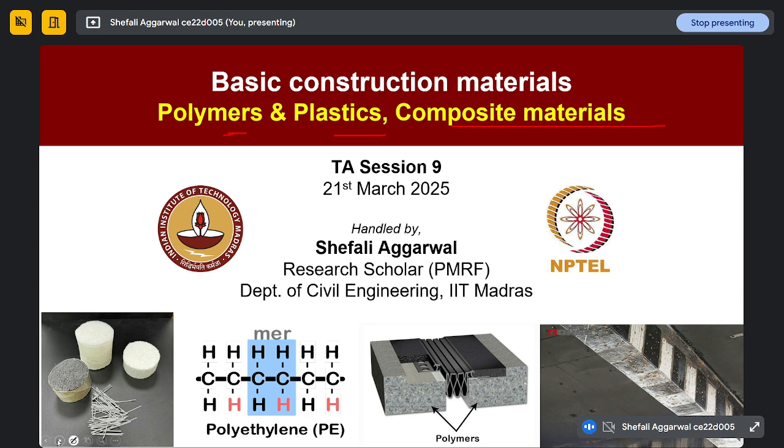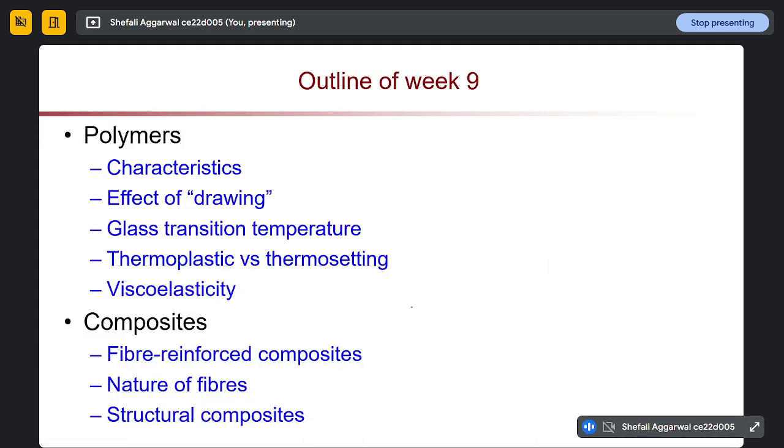So, an overview of what you might have studied this week in polymers and plastics. You might have talked about the different characteristics of polymers and the different effects of drawing, or we can say stretching, of a polymer. What is glass transition temperature, different types of polymers.